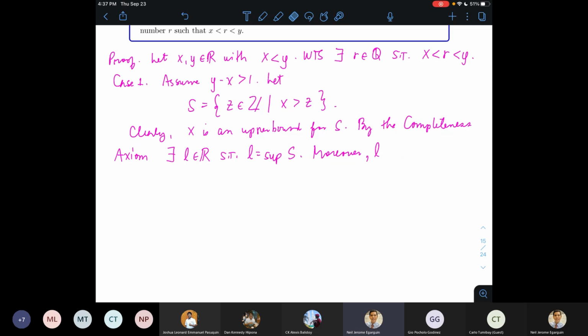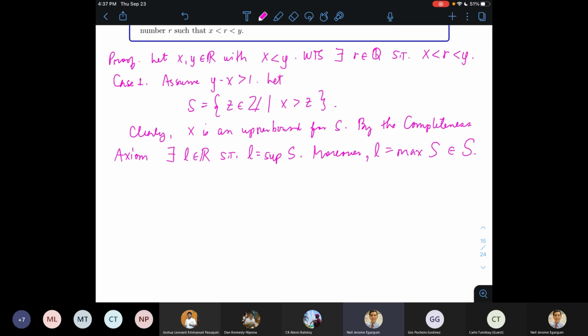So maybe another way of writing this is that L is not only the supremum of S, but is also the maximum of S, which belongs to S. Okay? May objections ba doon? I hope it's clear bakit naki-capital S yung supremum.